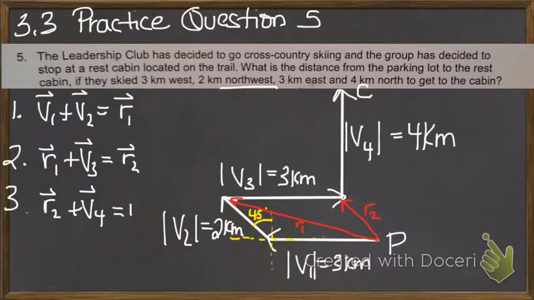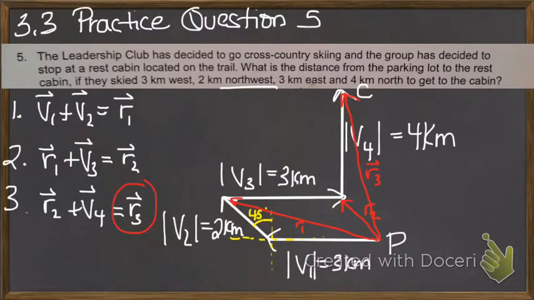And that's going to give us a third resultant vector, which I'll draw in red again, from P extending up to C. Okay. So there's R3. That's what I want. We're after resultant 3.